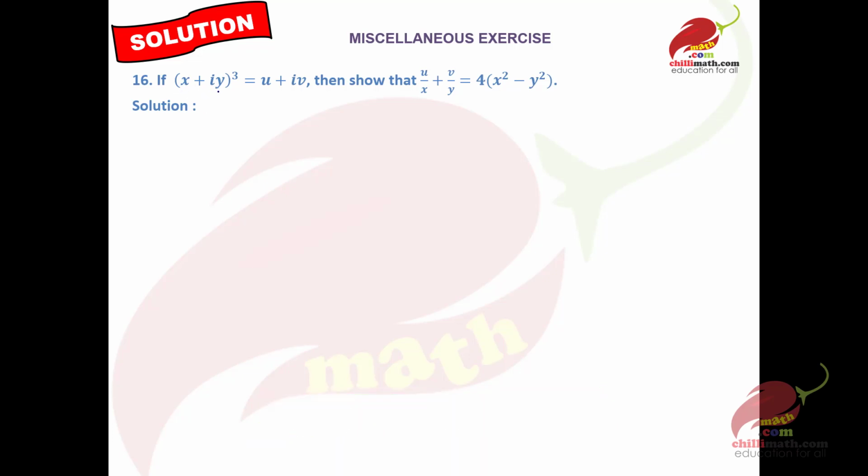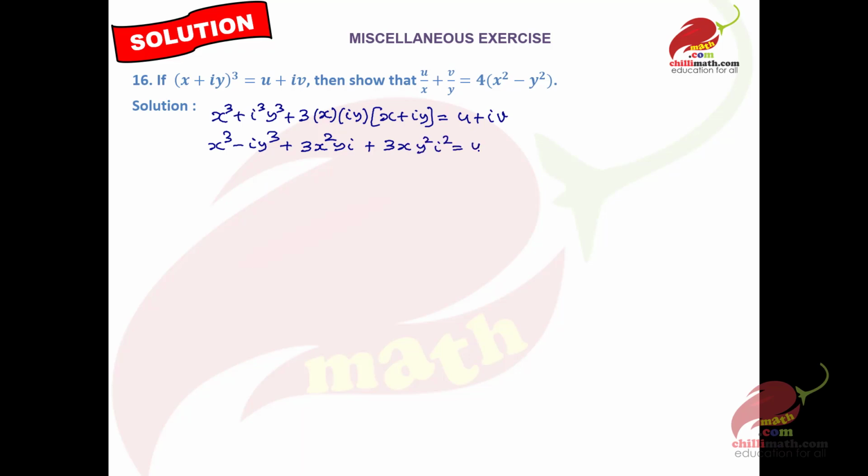So let's open this. (a + b)³ we know is equal to a³ + b³ + 3ab(a + b), equal to u + iv. Opening this, x³, i³ is −i, this is 3xy·i·x, 3x²y·i plus 3xy²·i², so this is 3xy²i² is equal to u + iv.